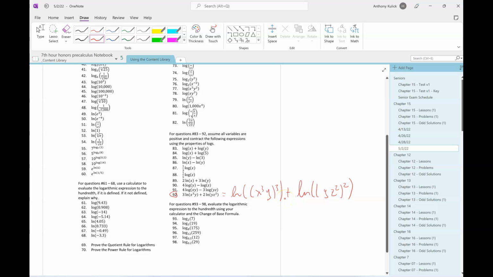Next, I'm going to be looking for product properties. I see the addition symbol, so there is a product property going on here. I'm going to simplify the parenthesis while I do that. And then I just combine my like terms with the y's, and I'm done.